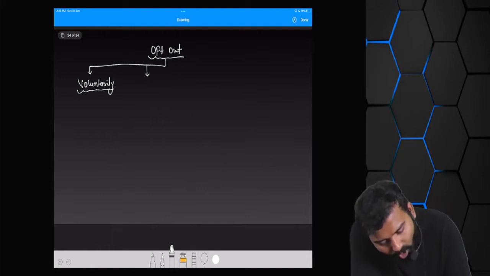Second, he can opt out if the turnover in the current year exceeds the threshold limit.